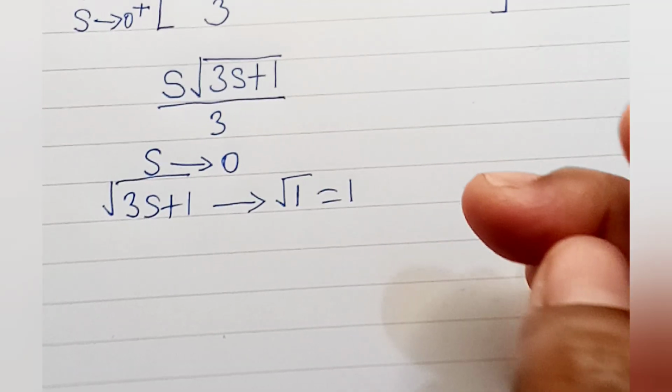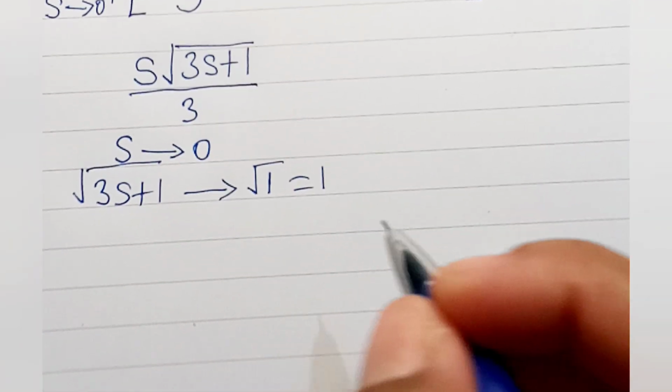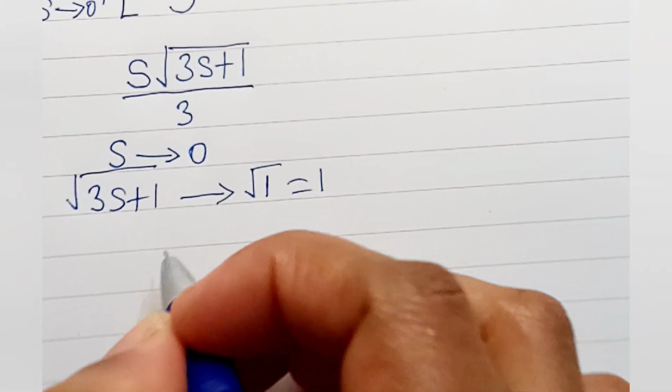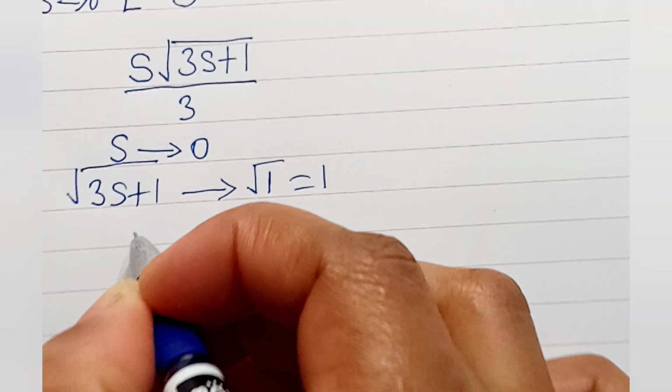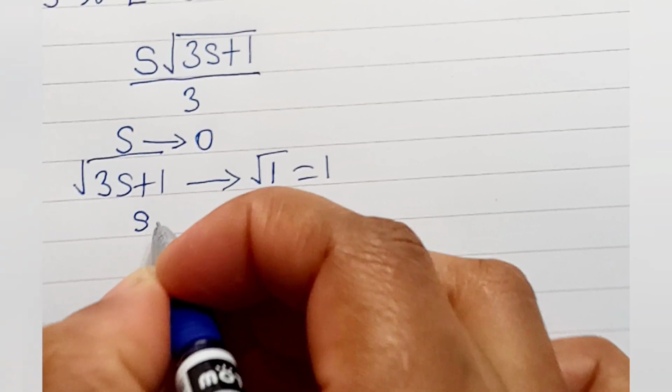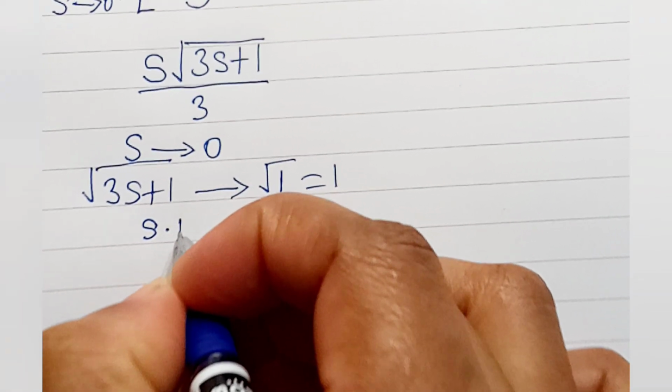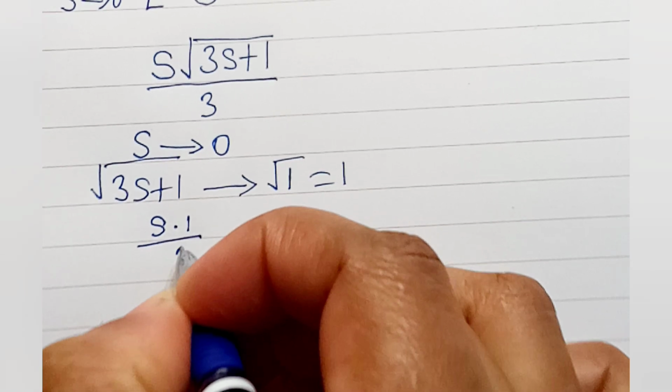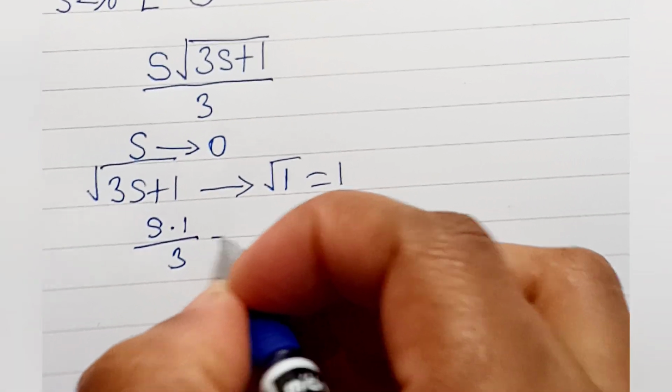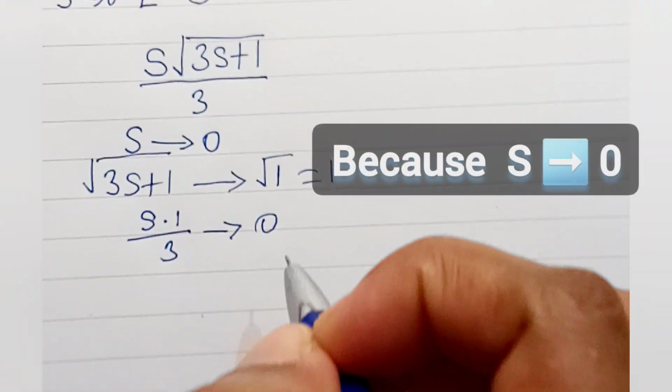So this becomes approximately s multiplied by 1 over 3, which tends to 0.